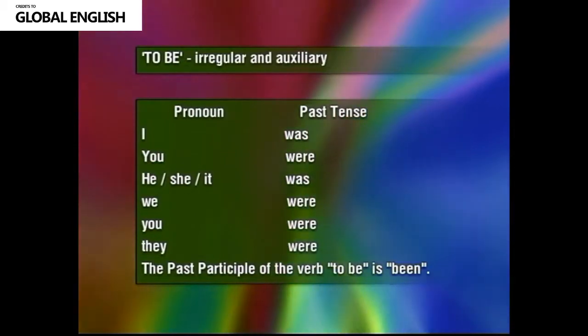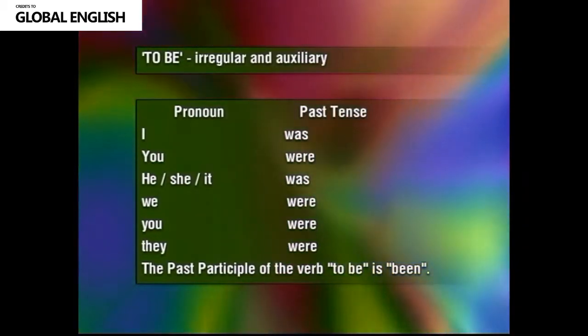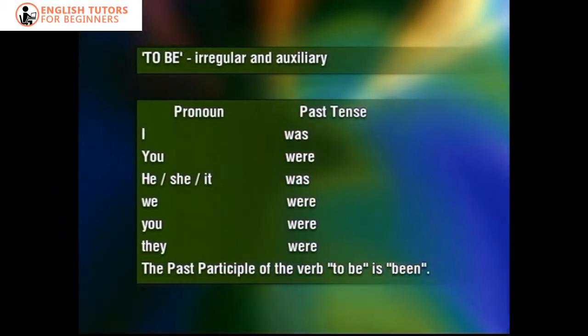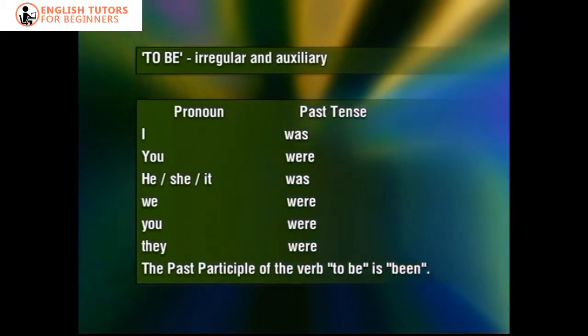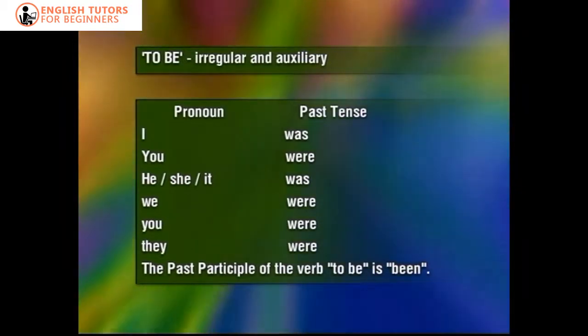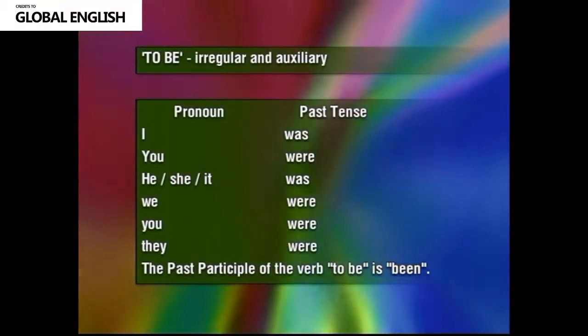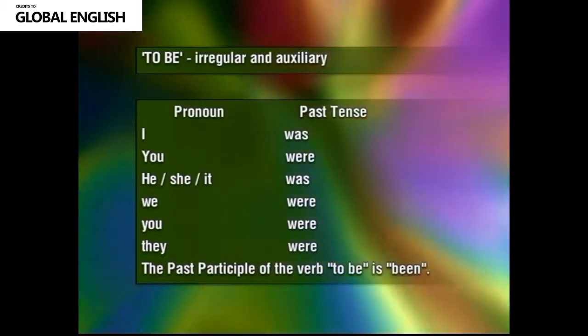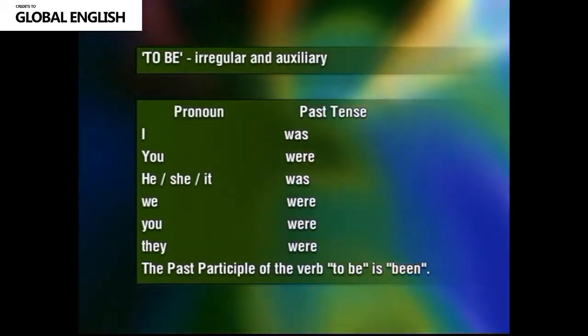To be, irregular and auxiliary. I was. You were. He, she, it was. We were. You were. They were. The past participle of the verb to be is been.